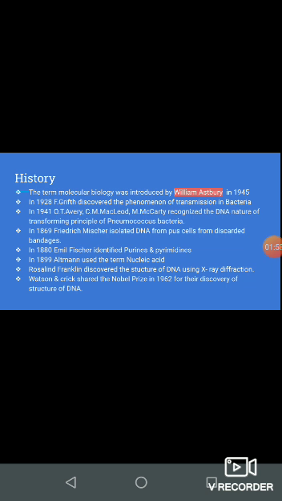The first strain is called the S strain, S meaning smooth strain. The second one is called the rough strain, which he denoted as the R strain.